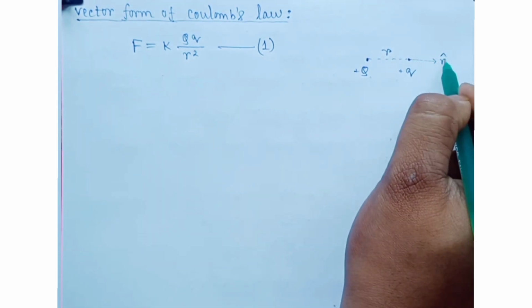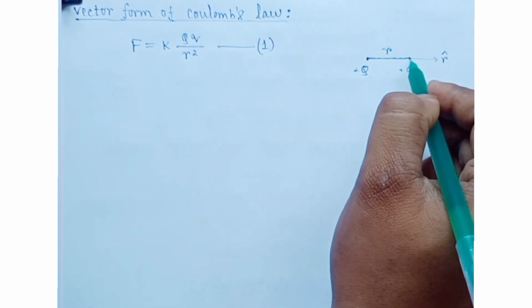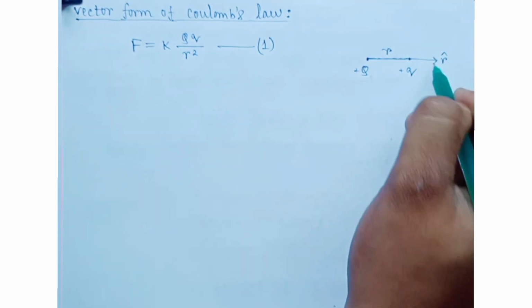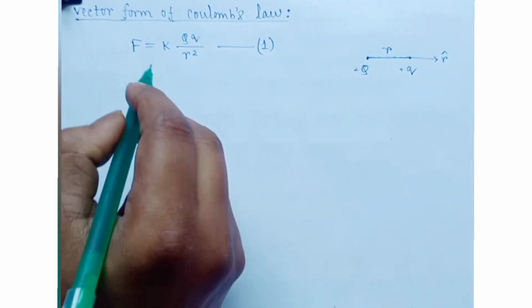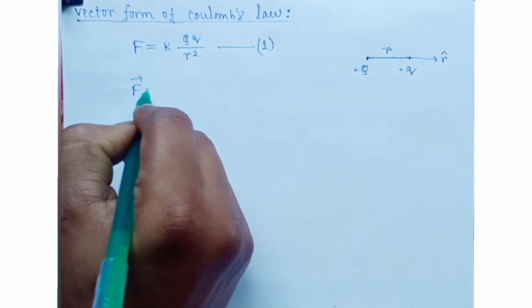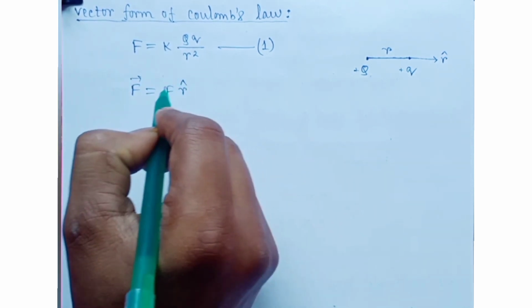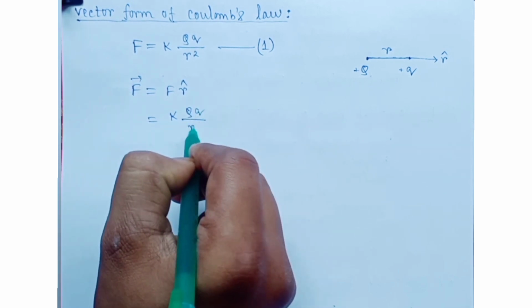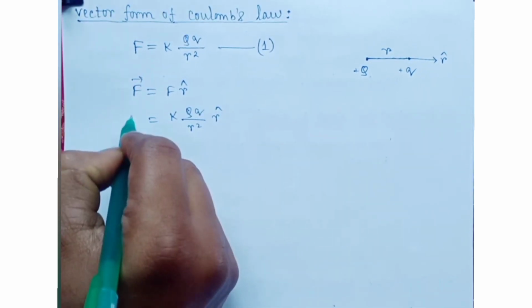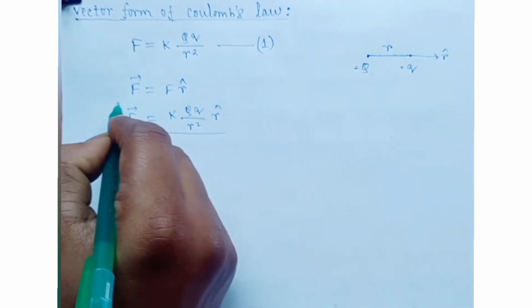Let's say it is r cap. We are considering this is the r axis, and the unit vector in this direction is r cap. So we have the magnitude of force and the direction of the force. So we can write it in the vector form like this: magnitude into direction. That means k into Qq by r square into r cap. So this is the vector form of Coulomb's law.